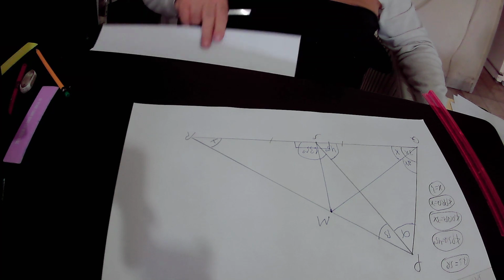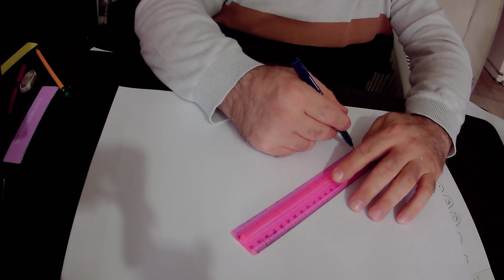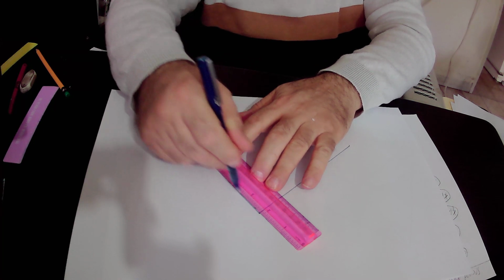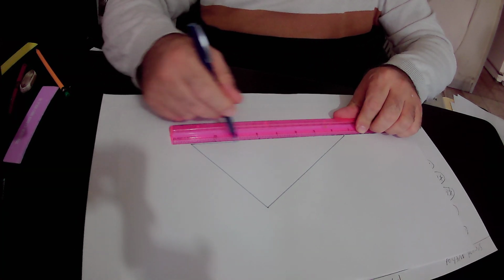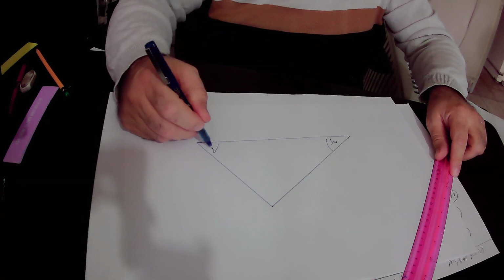So, what is the meaning of the rule that I stated? It means that if we have triangle ABC, this is angle alpha, this is angle beta.